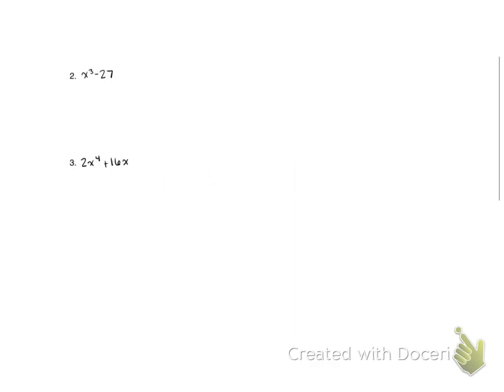Alright, let's look at the next one. For number 2, you actually need some equations. So, in the corner here, if you have a sum of cubes. So if you have perfect cubes, let's say a cubed plus b cubed, and it's a sum, so it means it's adding, this is how you factor.